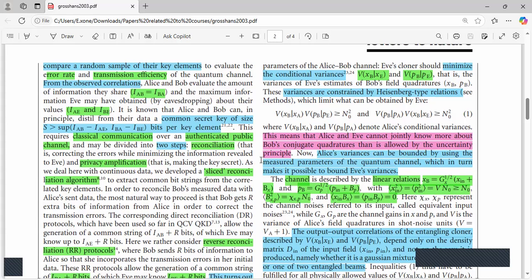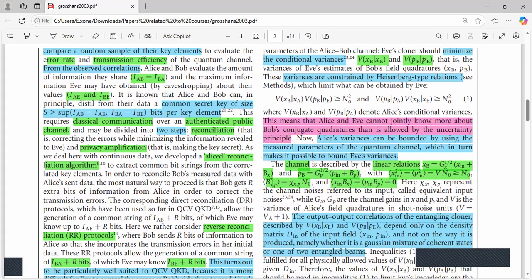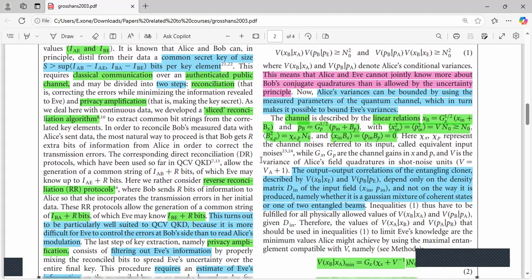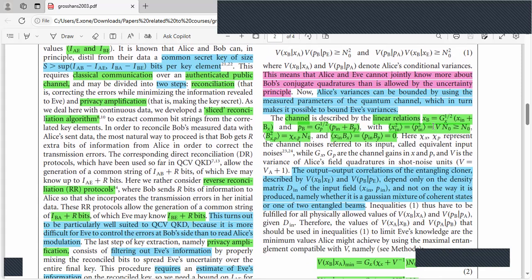In order to estimate Eve's information, Alice has to estimate her information on Bob's data. So the quantum channel is described by linear relations relating Bob's quadratures with the input field quadratures, and the overall noise, that is the channel noise, is denoted by chi_x and chi_p for the respective quadratures.